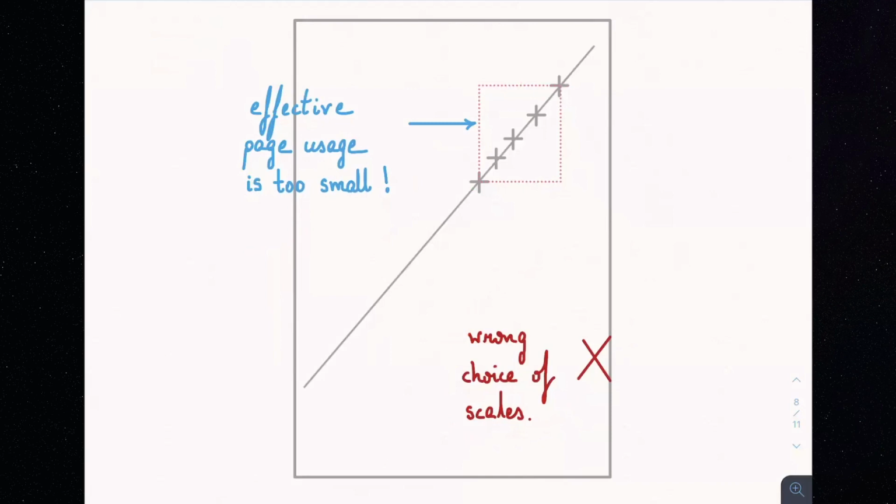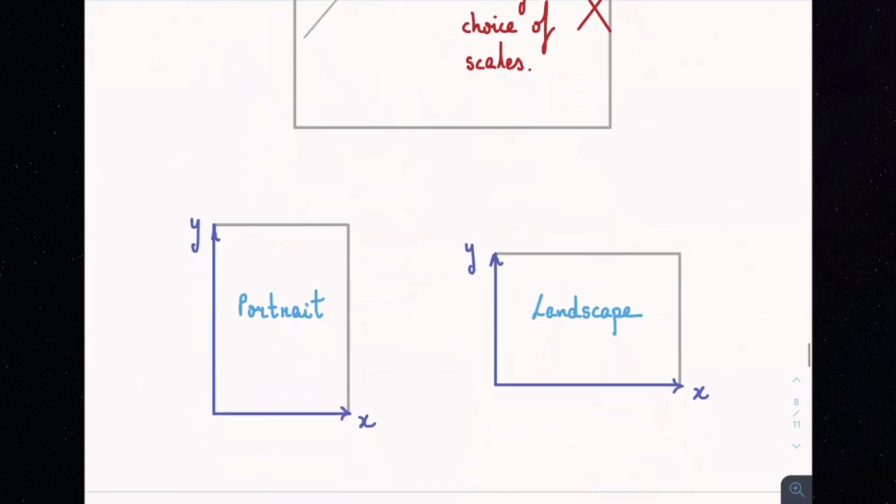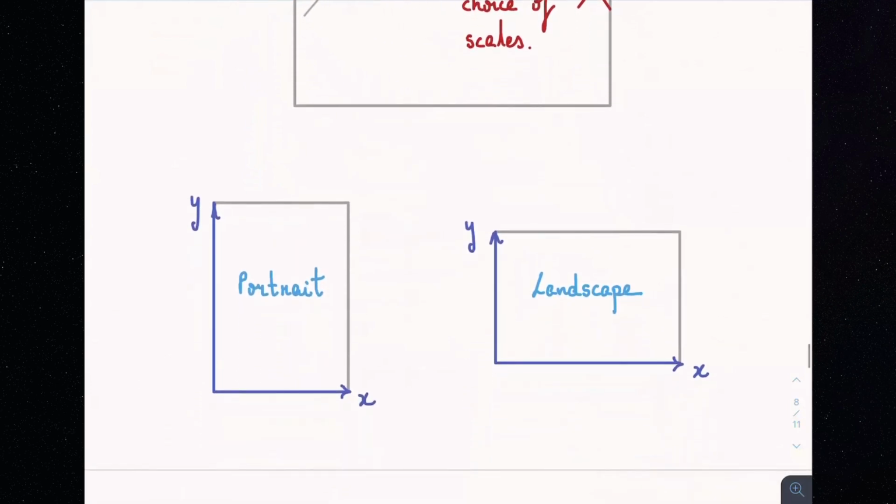Remember also that the graph sheet of paper may either be used in portrait or landscape format. So you should try to evaluate both possibilities before deciding which scale is best for your data.